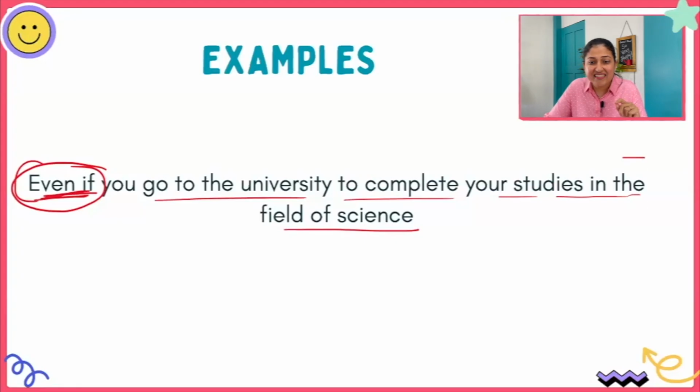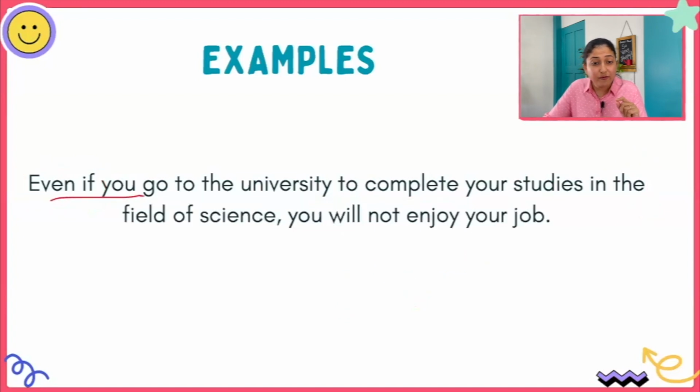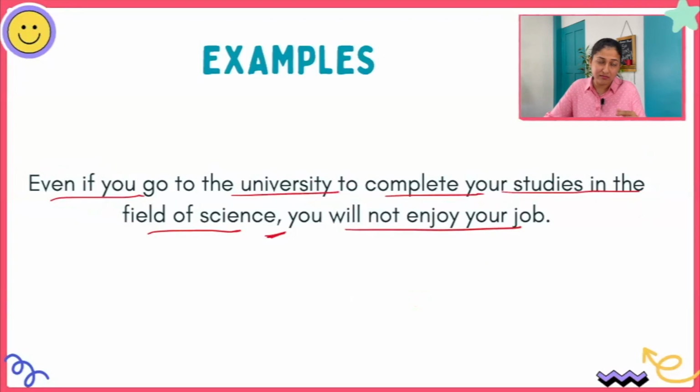This is just a fragment. Okay, I hope now it's clear. Let's look at a complete sentence. Even if you go to the university to complete your studies in the field of science, comma, you will not enjoy your job. Okay, now the sentence is complete. You may enjoy your job, but we need to just complete the sentence.